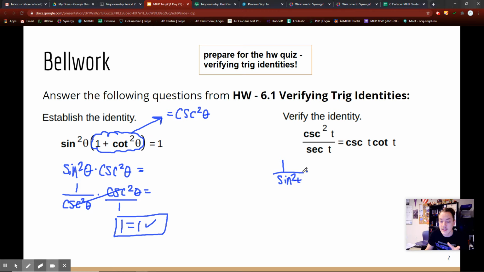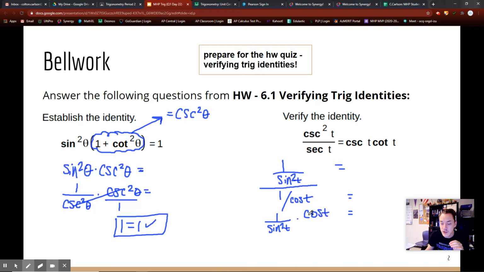So this is sine squared t, and this is all over 1 all over cosine t. Now I can kind of see where this is going. So let's multiply by the reciprocal here. That means I have 1 all over sine squared t and then times cosine t.